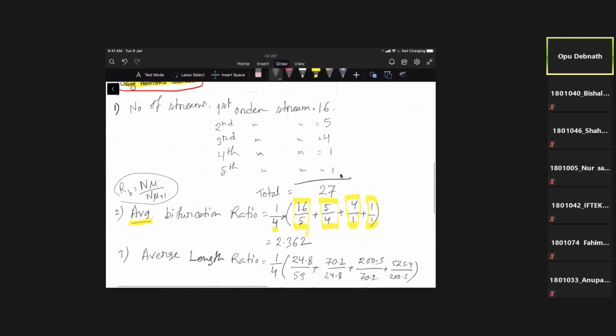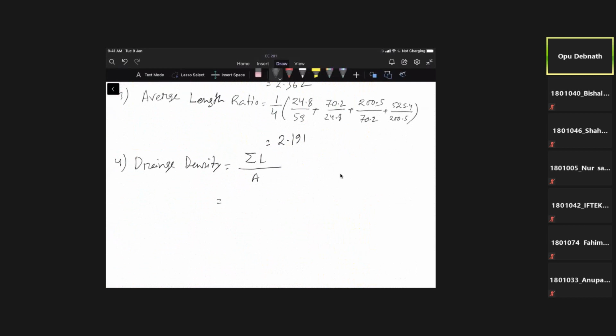So the summation of length is simply the numerical summation. 16 first order streams have average length 53, 5 second order streams have length 24.8, 4 third order streams have length 70.2, then 1 fourth order plus 1 fifth order, that means 5.4.